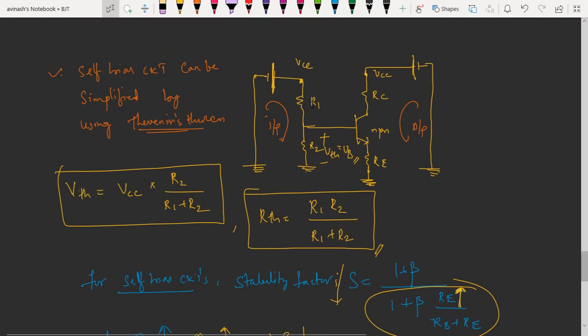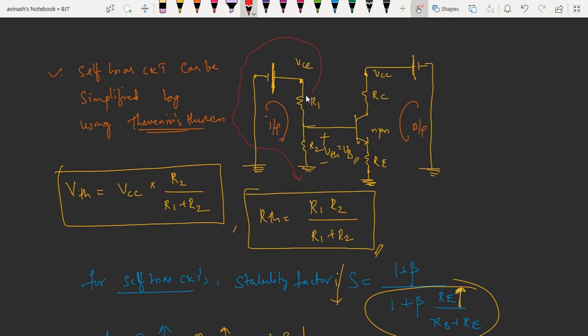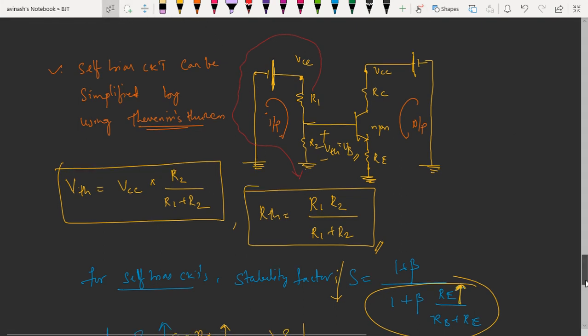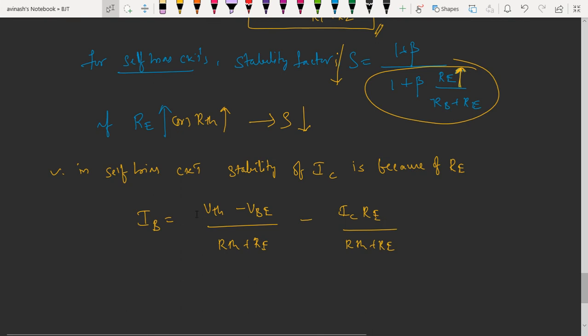You apply in this loop. Then you get the same answer. Then the value of IB will be obtained.